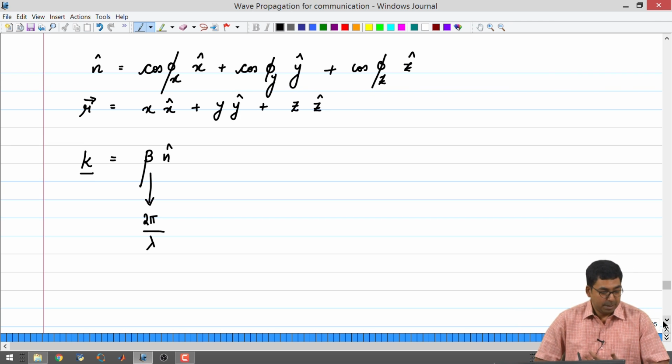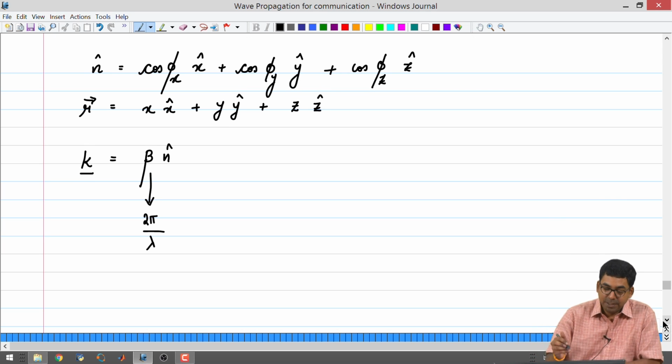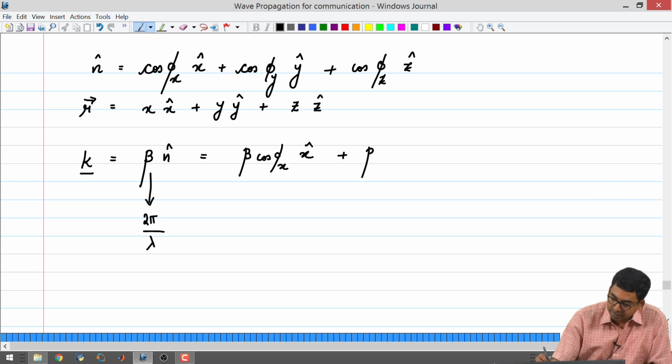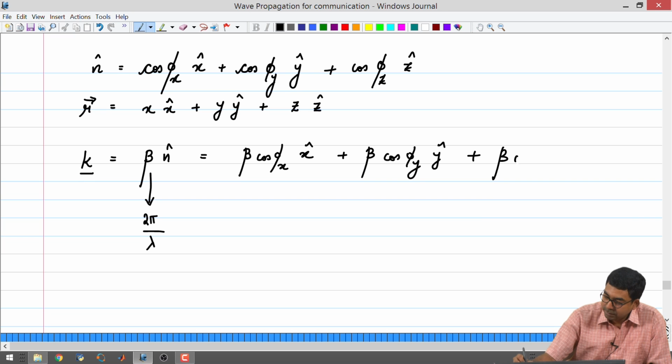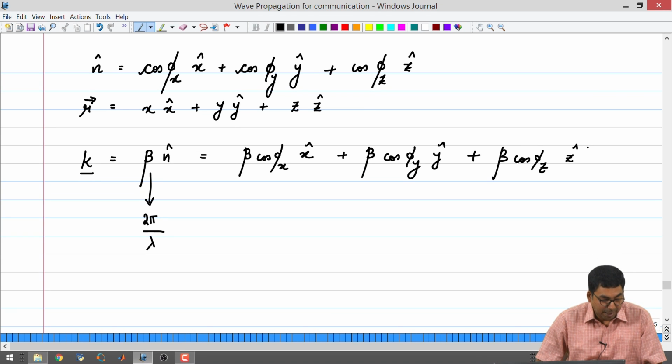So, beta multiplied by n hat means that the expression for the k vector is beta cos phi x x hat plus beta cos phi y y hat plus beta cos phi z z hat.